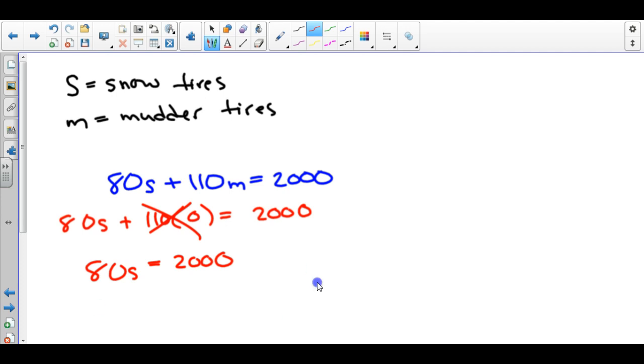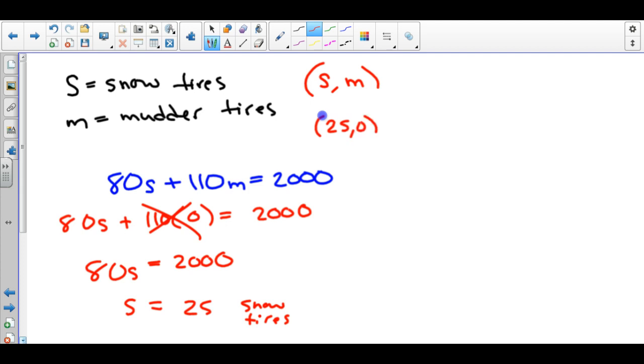Okay, and then 2,000 divided by 80 means my answer comes out to 25. So S equals 25, and that would be snow tires. If I'm going to make a coordinate out of this and have S be the number of snow tires and M be the number of mudder tires, in this case my intercept would be 25, 0.